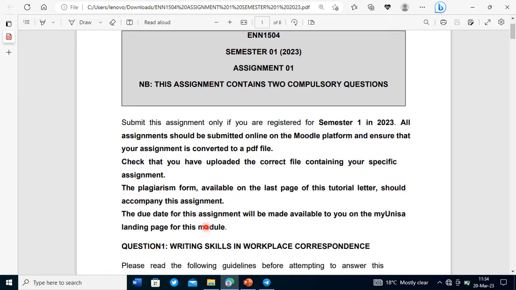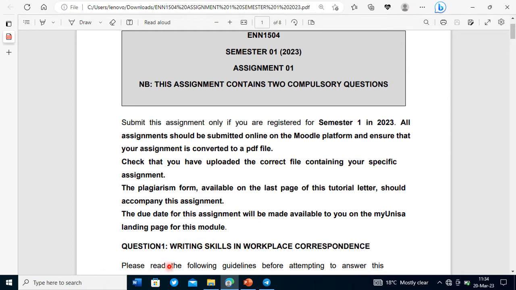To save time and money, you type your assignment, and when you are done, at the end of the page, after referencing and all that, you just put the declaration form, or plagiarism form. You copy it from the original, paste it there, and fill in your details. That is an electronic plagiarism form, and it will be accepted. The due date is there, you guys understand.